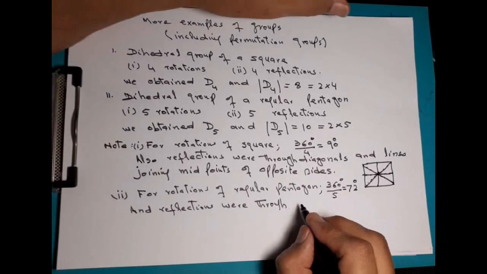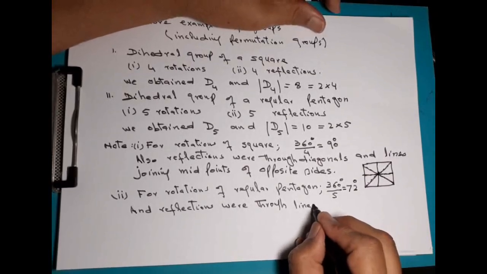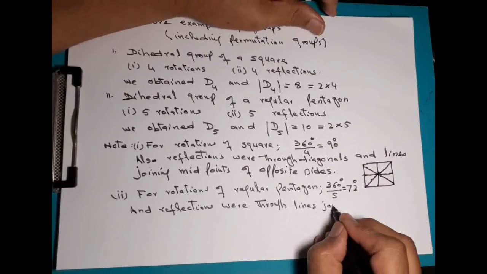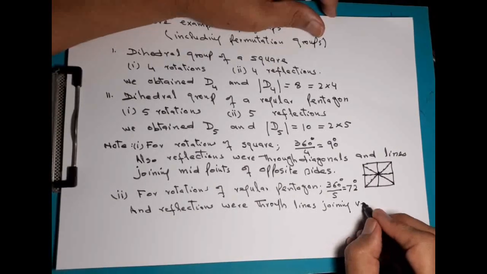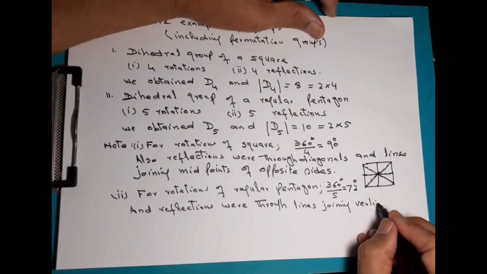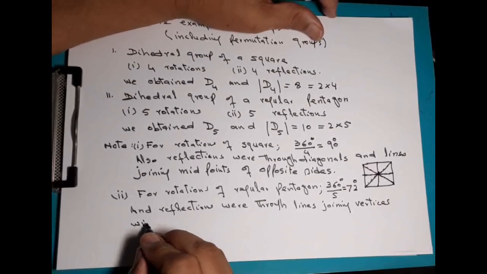So reflections were through lines joining vertices with midpoints of opposite sides.